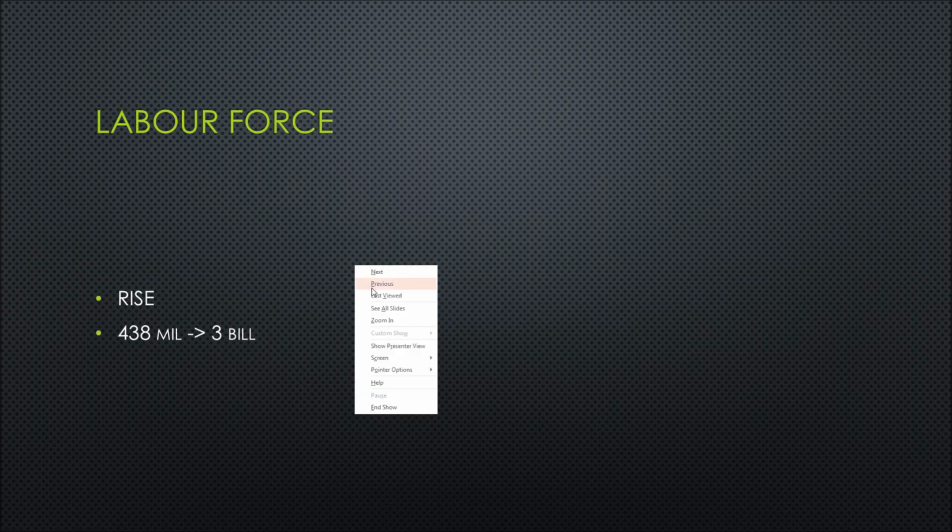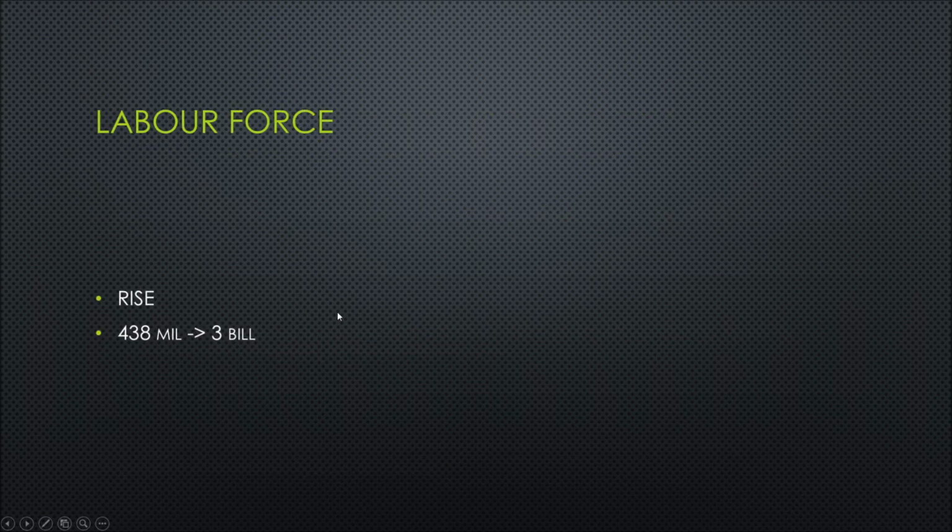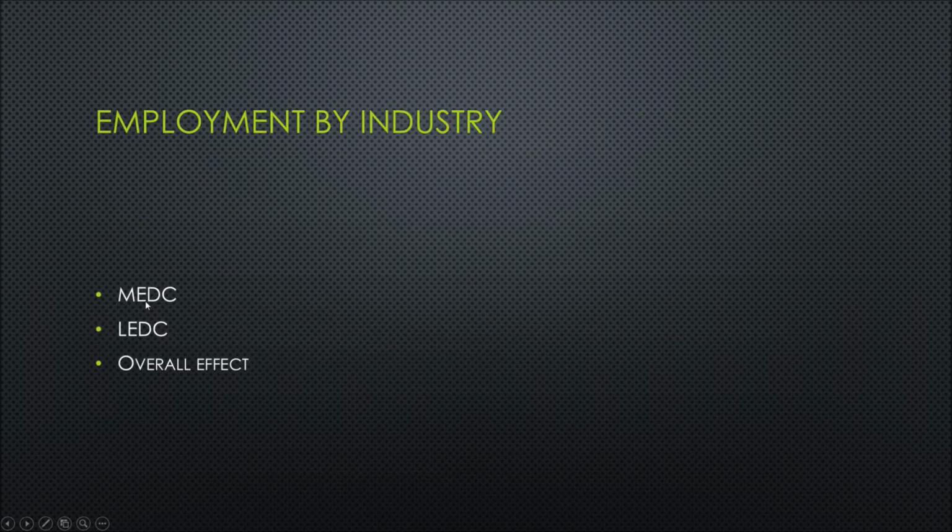So back to the definition page. Employment by industrial sector: how many people work in agriculture and manufacturing industries relative to services? In most economically developed countries, 70% of workers work in service sectors, and this is the tertiary sector.